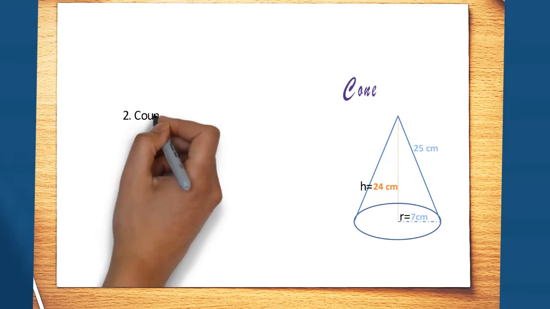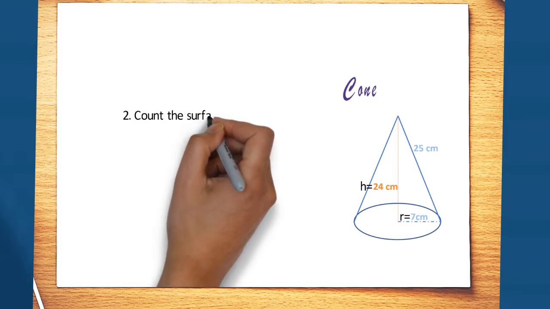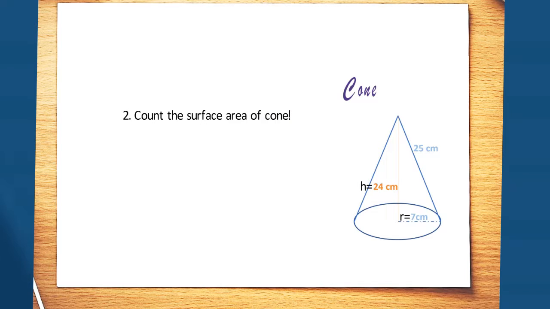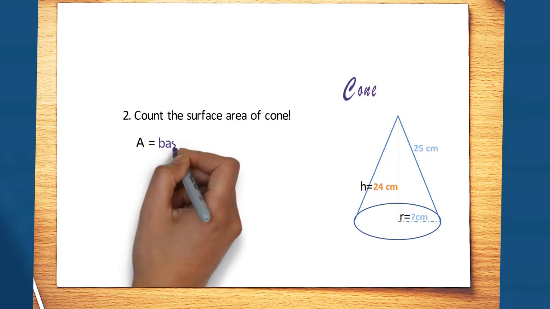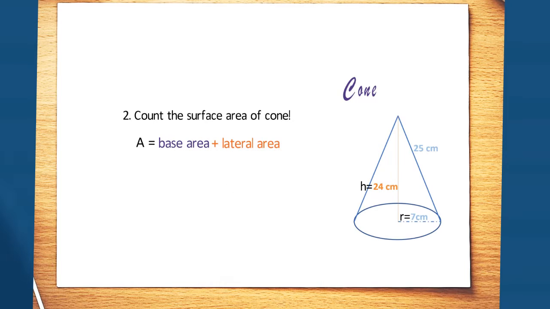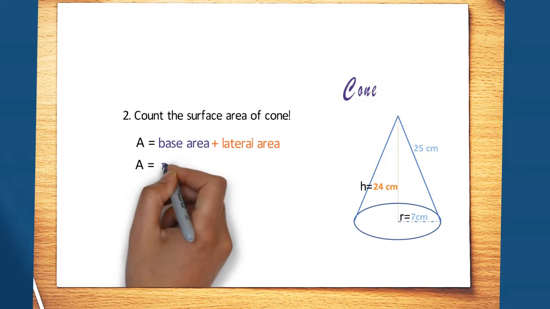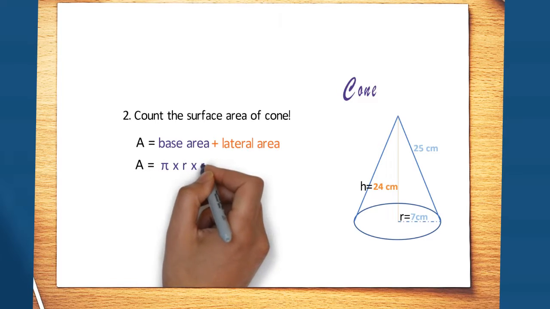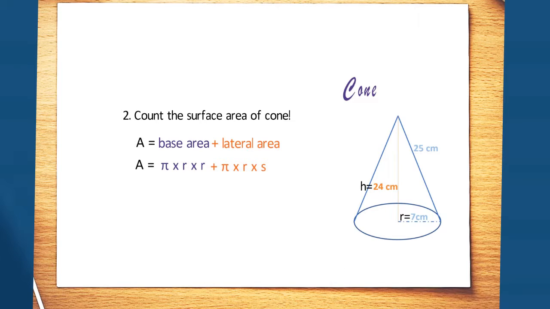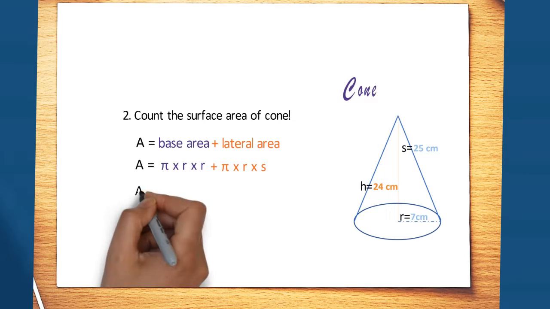Next question. Count the surface area of the cone. To find the surface area of a cone, we use this equation: base area plus lateral area, which is equal to pi times r times r plus pi times r times s. Don't forget, s is the slant height, which is equal to 25 centimeters.